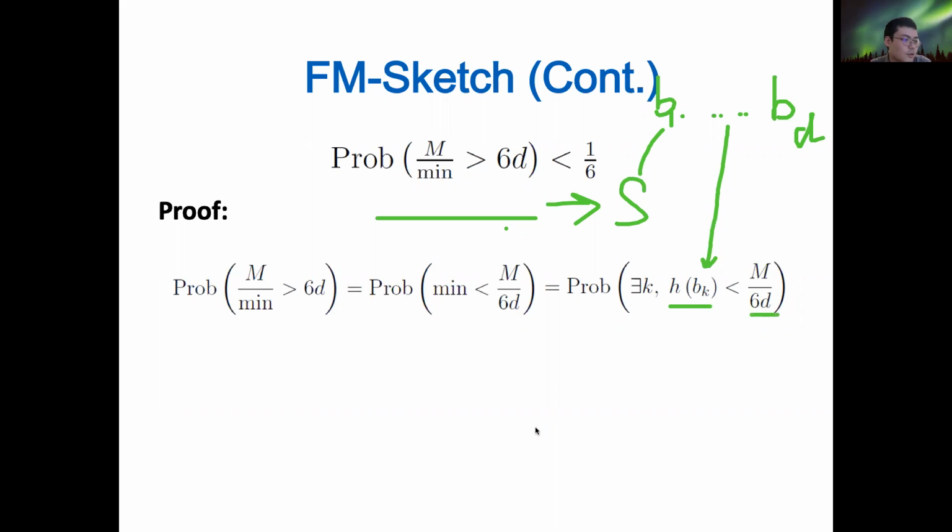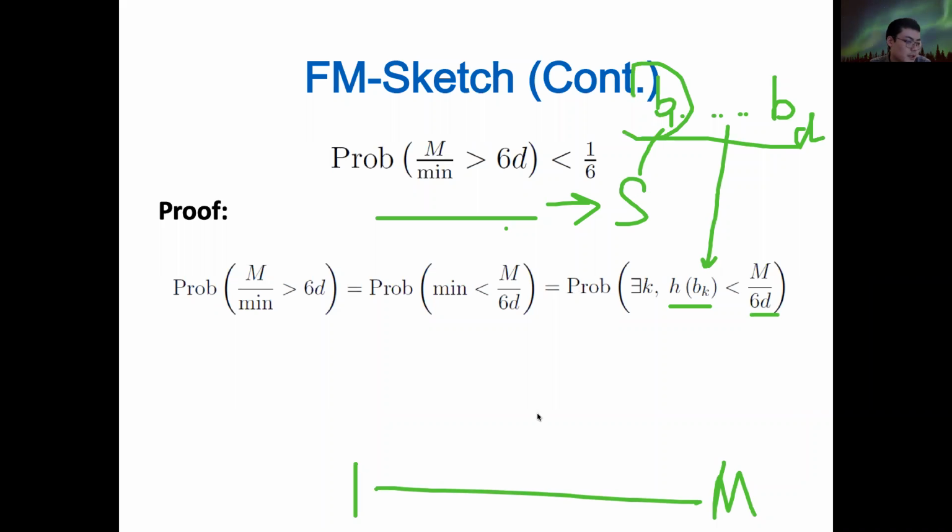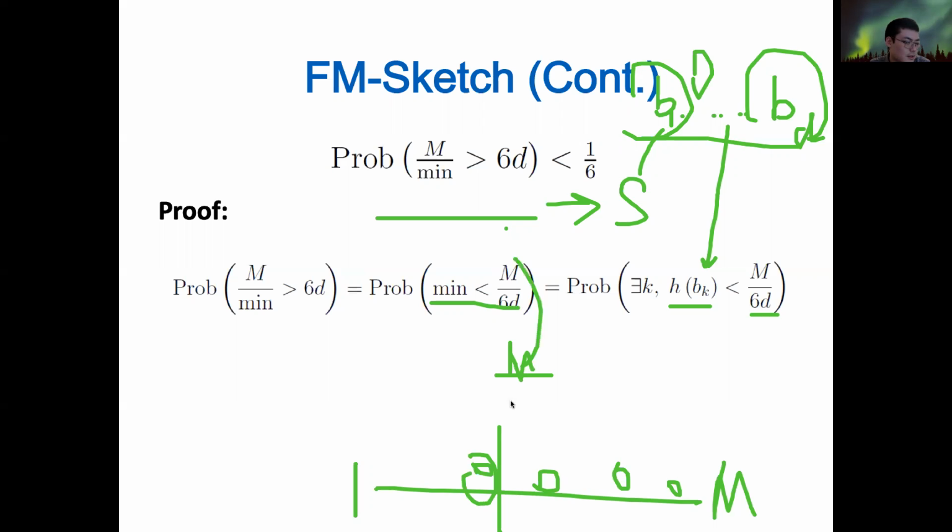Think about these d distinct elements hashed to 1 to n. Maybe b1 is hashed to here, b2 here, b3 here, and bd here. So what does it mean that the minimum hash value is less than n by 6d?